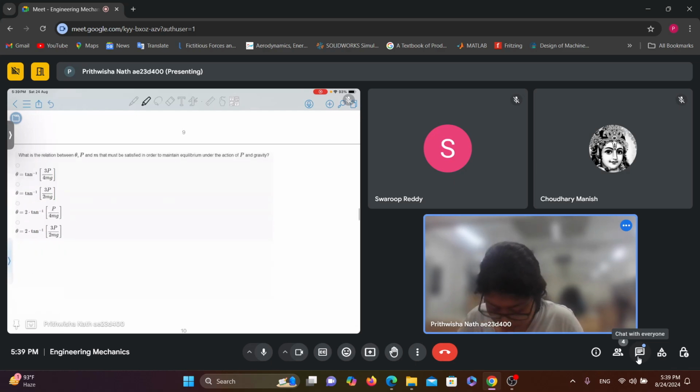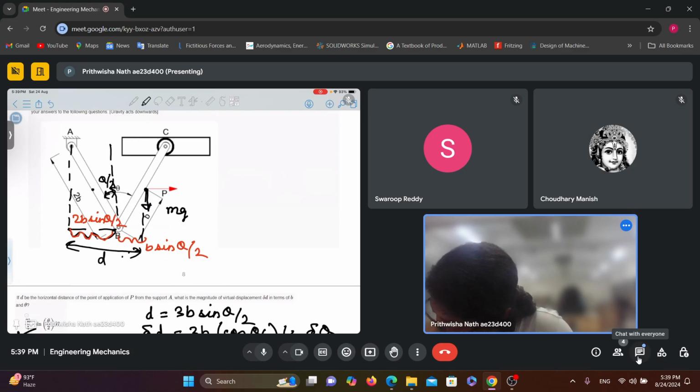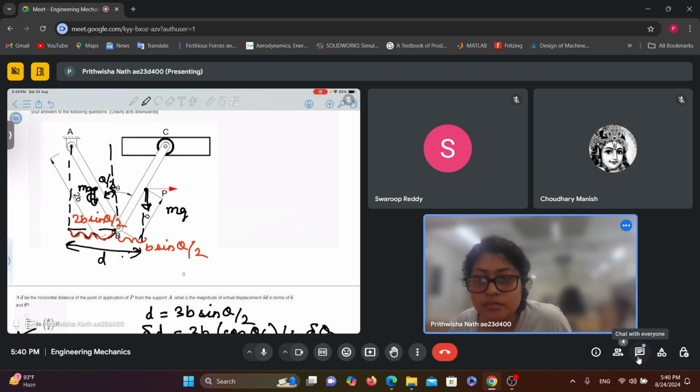So gravity is also acting at these points, right? Now what will be this distance?